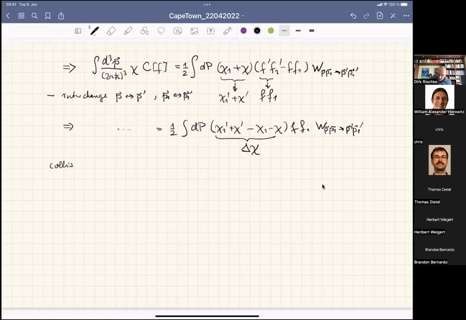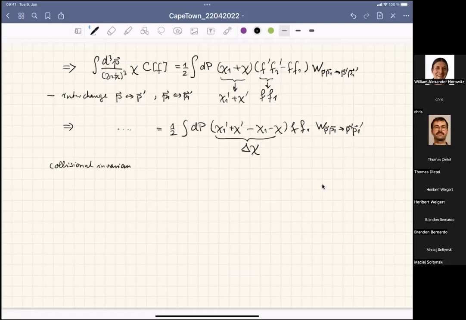So in collision processes, there is something which is called a collisional invariant. And the collisional invariants are quantities which are conserved in these binary elastic collisions. For example, what is conserved in the binary elastic collision? Particle number, of course. It's similar as here.